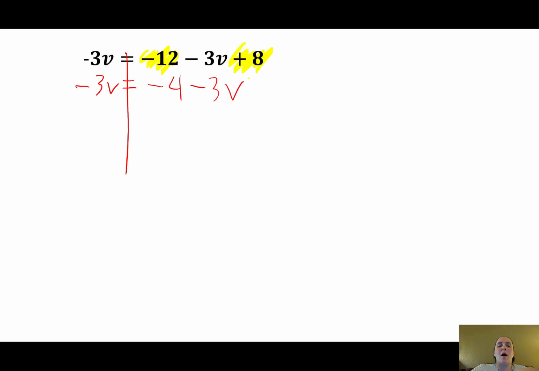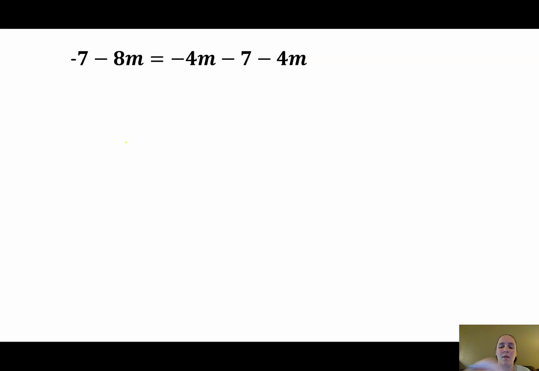So opposite or inverse, I'm going to add 3v. Negative 3v plus 3v is 0. Since it's the only thing by itself over there on the left side, I need to write the 0 there.